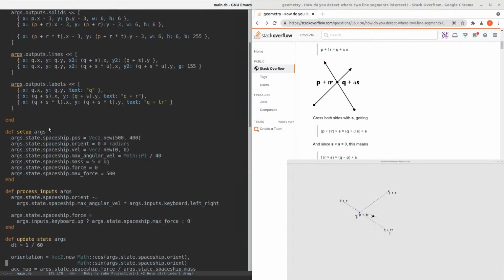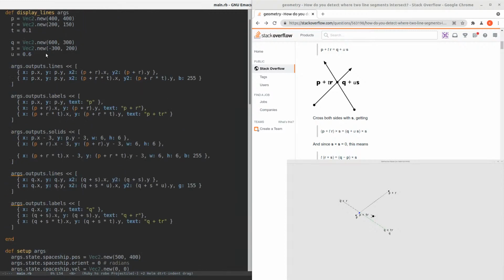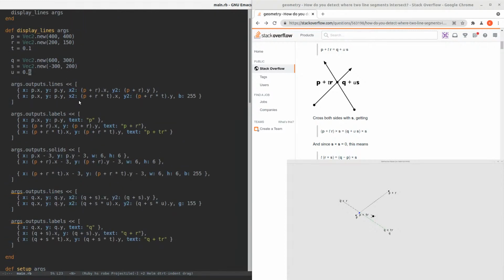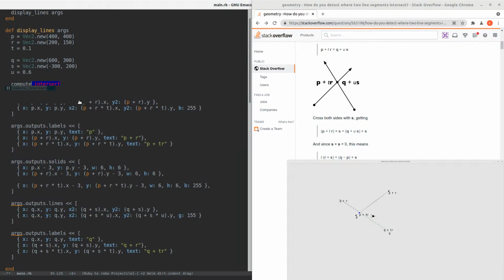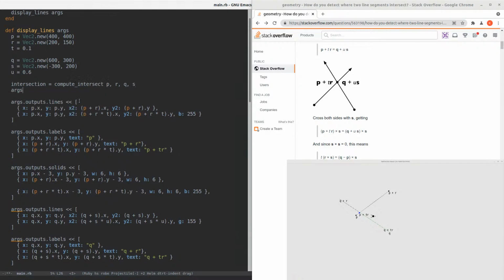So we have our ugly display lines function here, and we'll just do compute intersect on P, R, Q, and S. Intersection equals that. And why don't we just do args.outputs.labels, and we'll initially print this out somewhere.